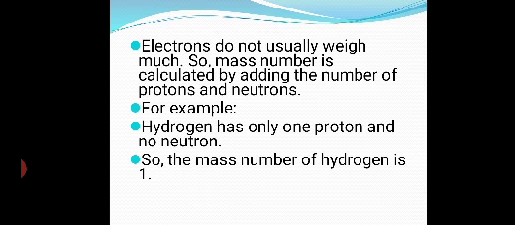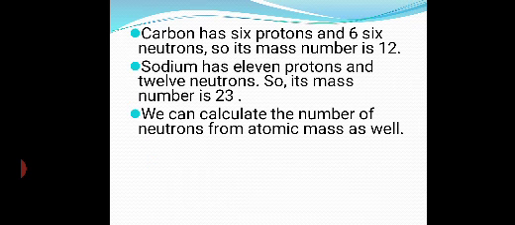For example, hydrogen has only one proton and no neutron, so the mass number of hydrogen is 1. Carbon has 6 protons and 6 neutrons. Now add these two, 6 plus 6, we get 12. So 12 is the mass number of carbon.